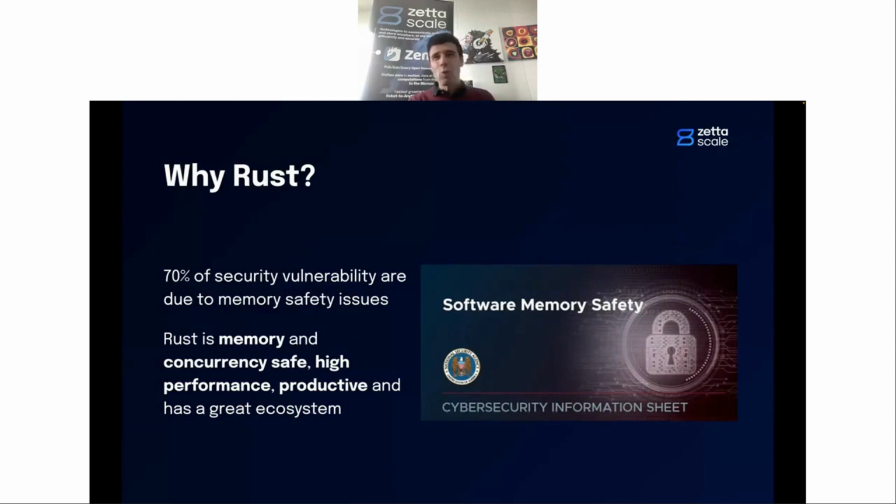And there have been quite a few reports, the latest one from the NSA, the National Security Agency. This came out, I think, last week or maybe two weeks ago. You get the link as part of the image. That once again was recalling that 70% of security vulnerabilities are due to memory safety issues.